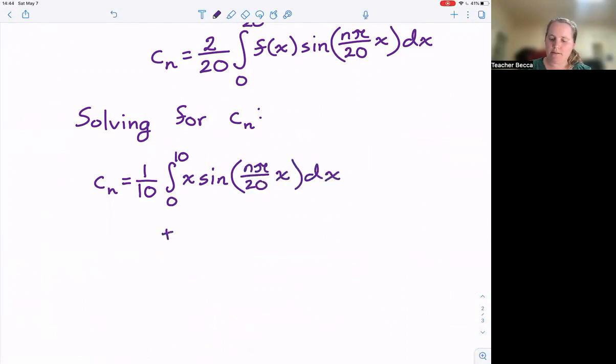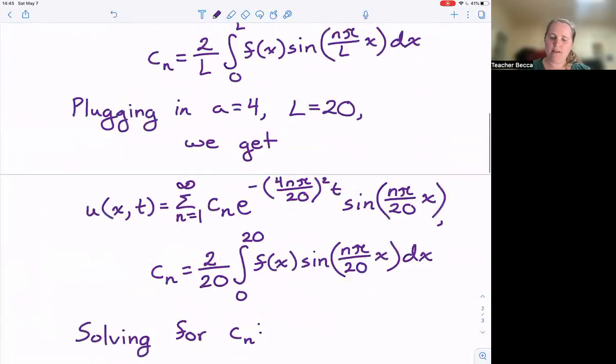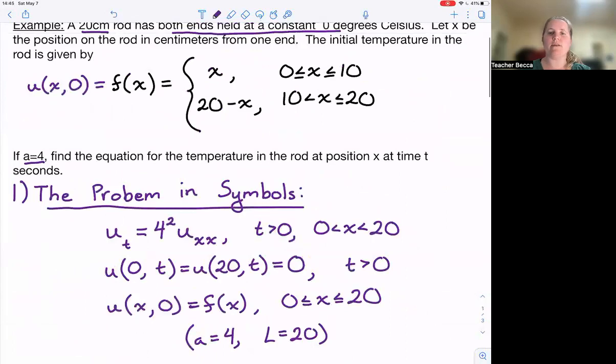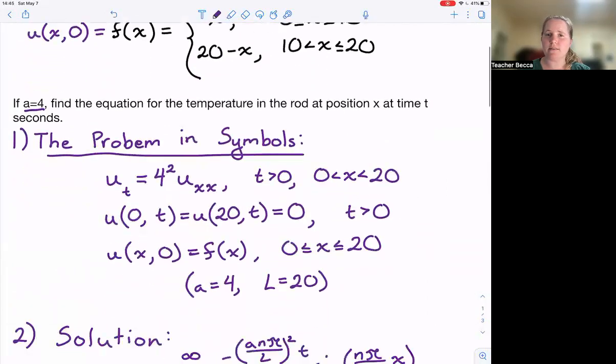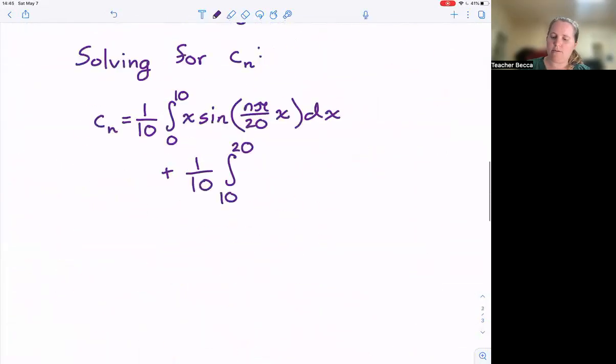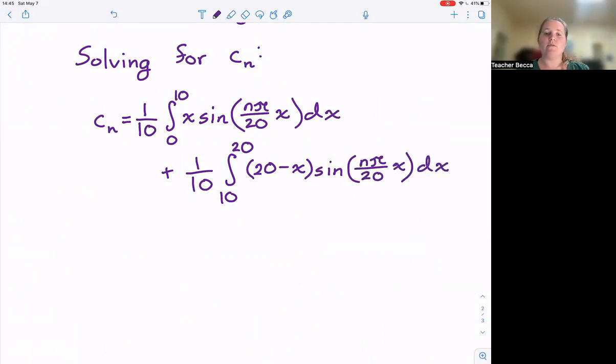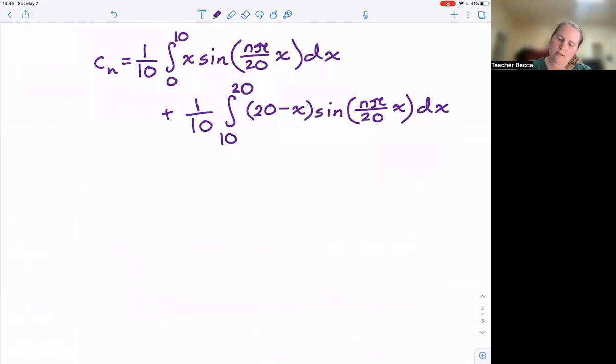And then plus 1 over 10 times the definite integral from 10 to 20 of f of x, which between 10 and 20, f of x was 20 minus x, so the integral from 10 to 20 of 20 minus x times sine of n pi over 20 x dx. So we have two integrals to do.